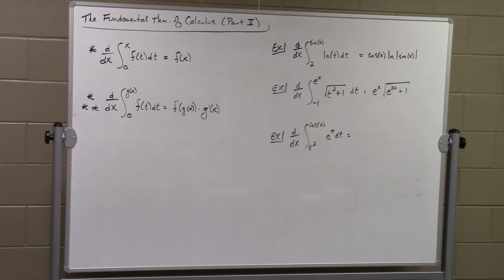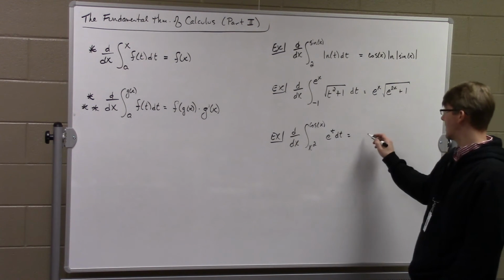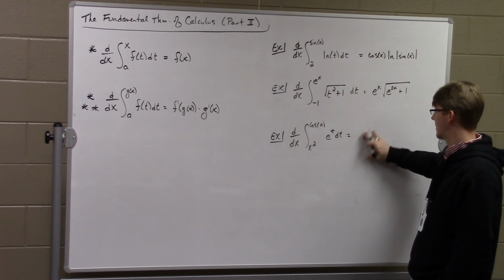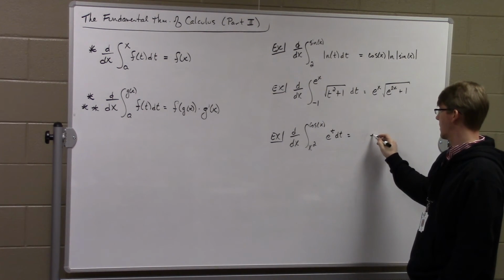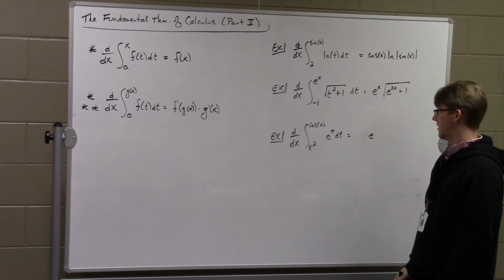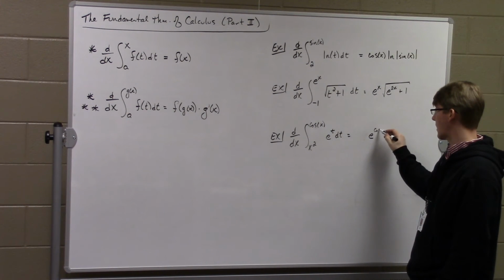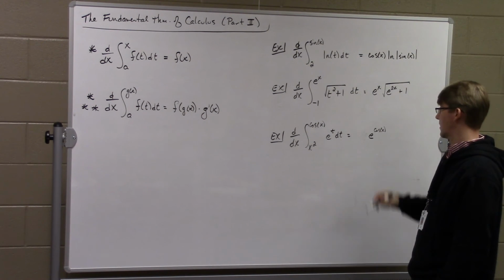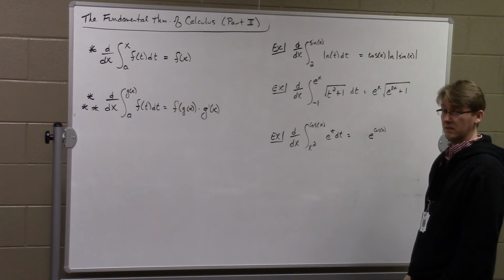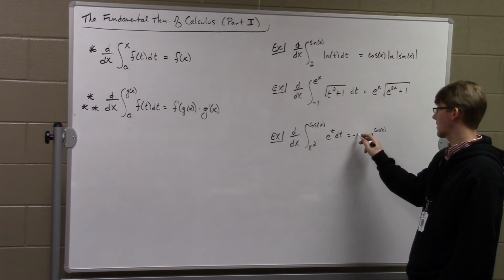Don't plug me like that. All right, e to the cosine of x, times the derivative, negative sine x.